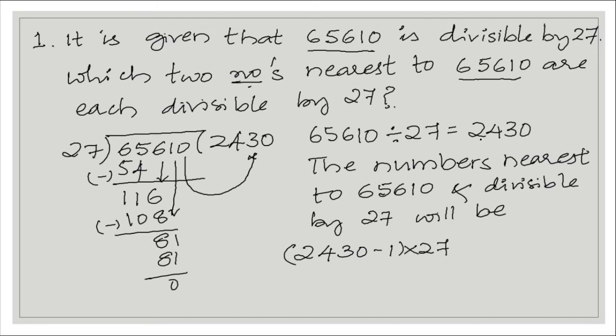If you multiply 2430 with 27, we will be getting 65610. Now I will take one number less than this quotient.